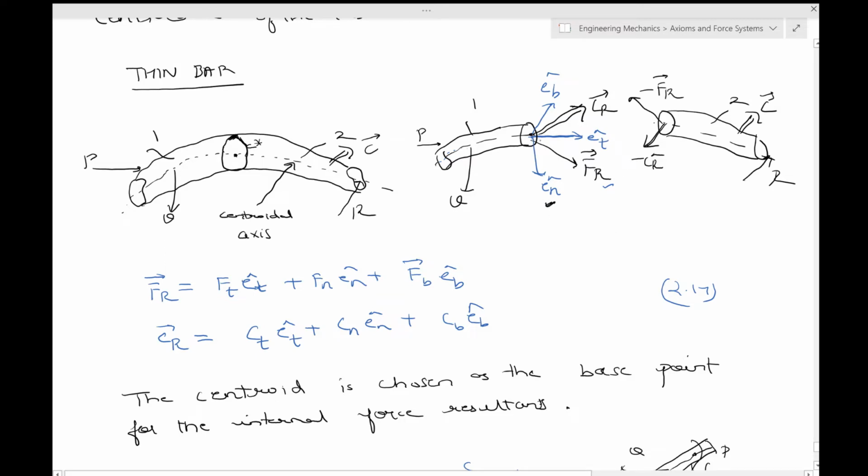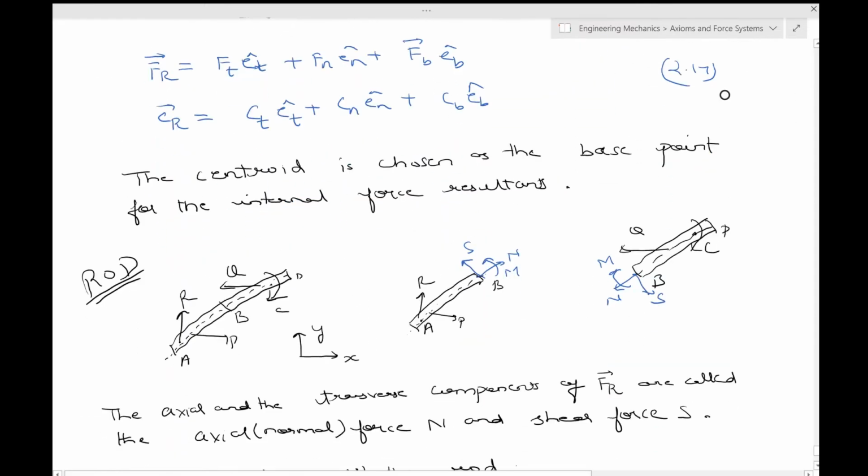N is acting along this axis, which is the centroidal axis, okay. So please don't get confused with this En as the normal direction, that's not, okay.